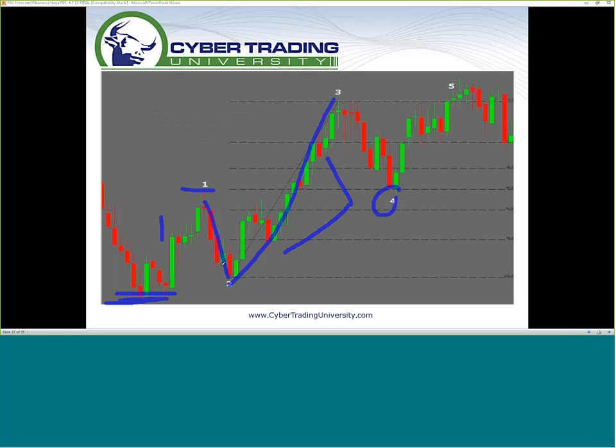Just as 2 is a percentage of 1, 4 is a percentage of 3. 5, double top with 3. 3 and 5 are oftentimes double tops. And by the way, it looks like 5 is a percentage of 3. So everything's related.